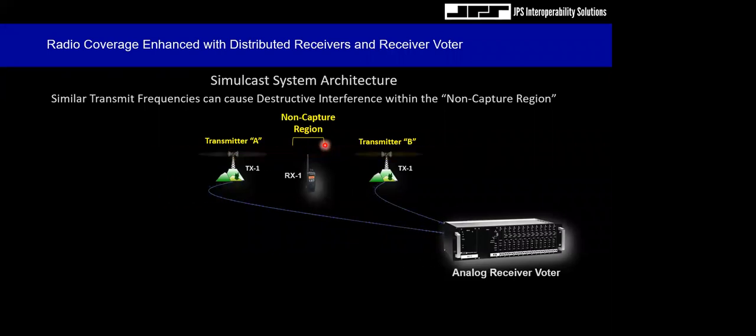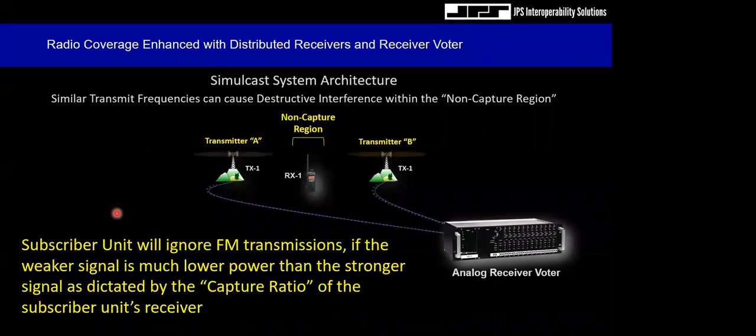We need to use thoughtful engineering and make sure that the coverage is adequate. And in a system like this, the coverage in terms of overlap is not too much. You always need overlap. So if I reduce the power of these transmitters, I might reduce that non-capture overlap position, but there's also a chance that there will be no coverage. So there has to always be some overlap.